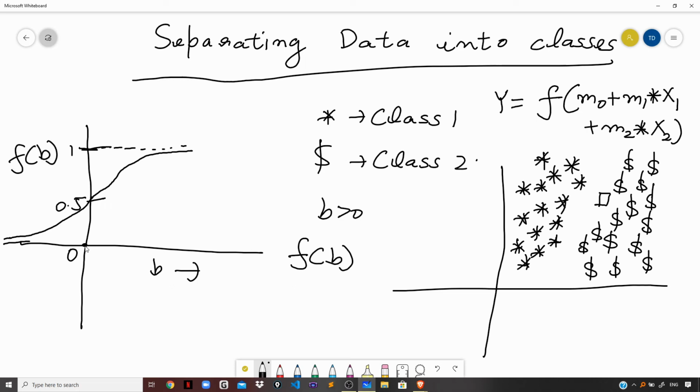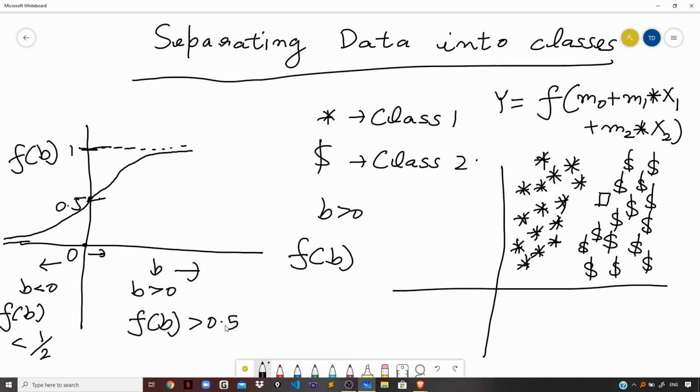If your b is greater than 0, then you can see that your f(b) is greater than 0.5. You can clearly see that. And if b is less than 0, then f(b) is less than 0.5. So if your b is less than 0, f(b) is less than 1 by 2. If your b is greater than 0, f(b) is greater than 0.5 or 1 by 2.